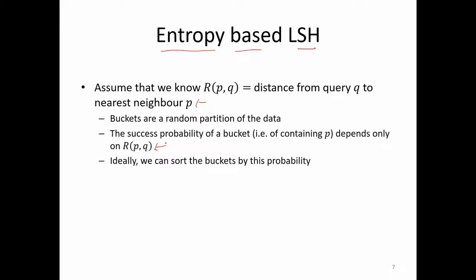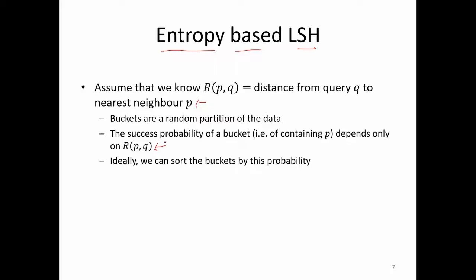So the probability that a particular bucket has a near neighbor P of Q depends on the distance of this near neighbor from the bucket.